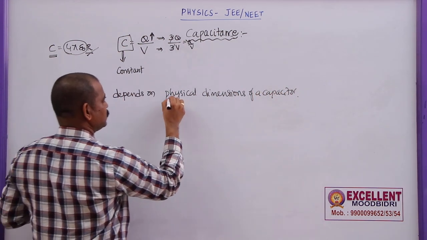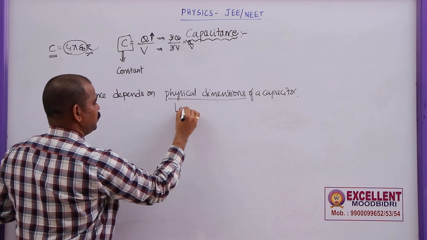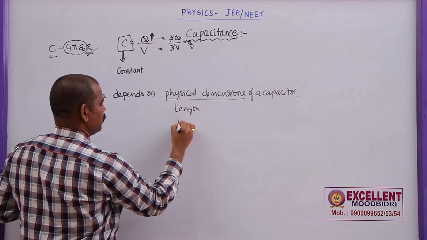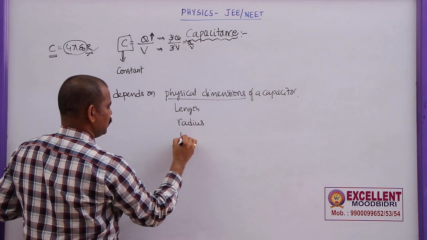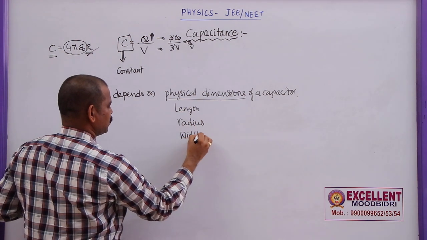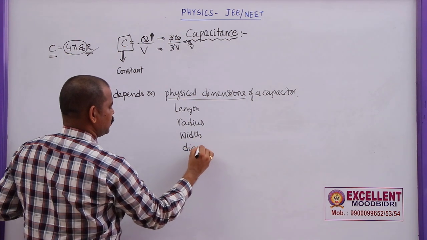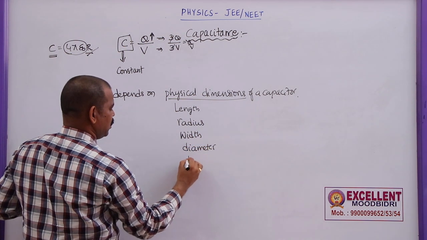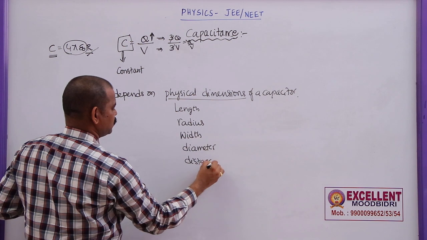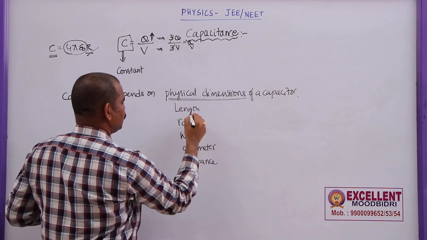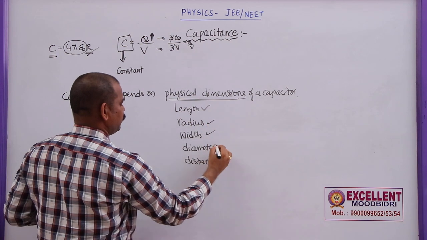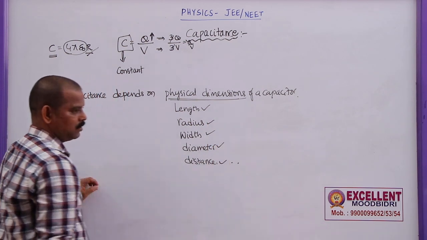What are these physical dimensions? It may be length, radius, width, diameter, or distance from some given point, or distance from the conductor. So it depends upon length, radius, width, diameter, distance and so on.